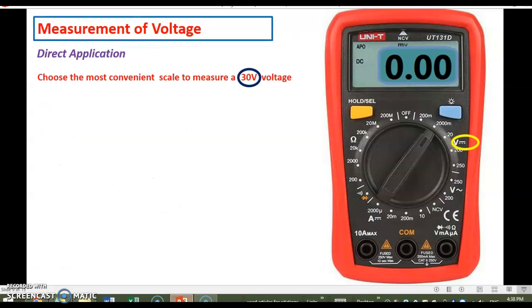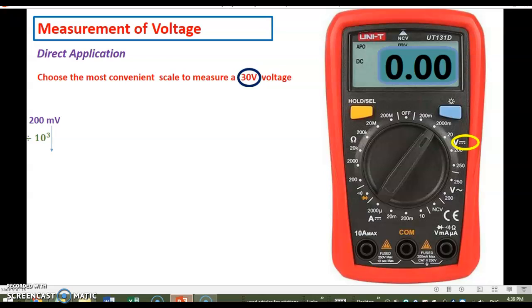Now with direct application, choose the most convenient scale to measure a 30-volt voltage. We said before under the title of electric current that the most convenient scale must be equal or slightly greater than the measured quantity. So similarly here for the voltage, if we want to measure 30 volts, we need to check the available scales.